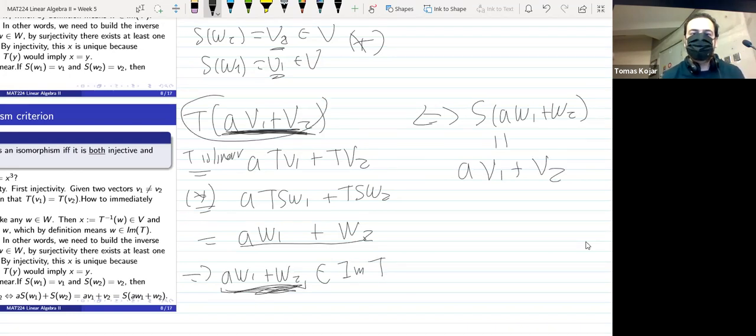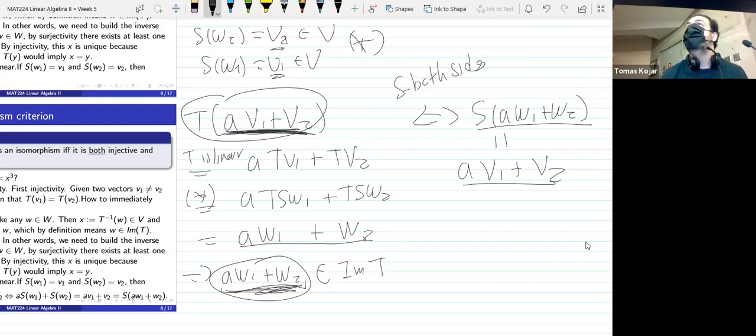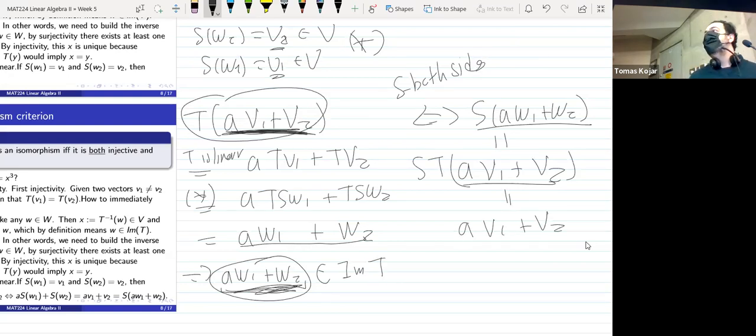We showed that this is equal to this. Now take S of both sides. And you get this, right? So this was T and you took S. So this is A V1 plus V2. But then what is V1, V2? It's SW2, SW1. So you got the linearity.